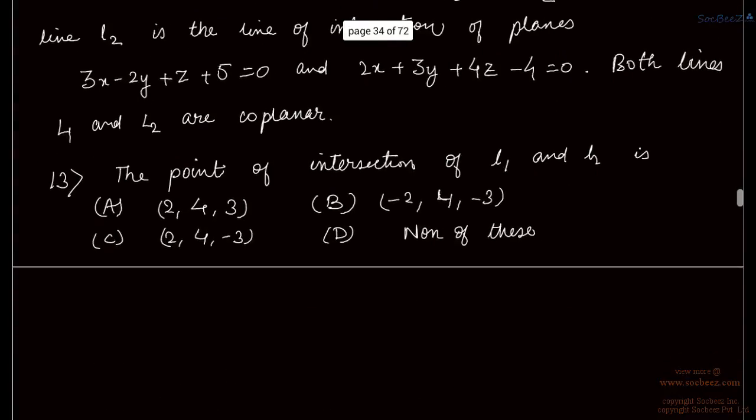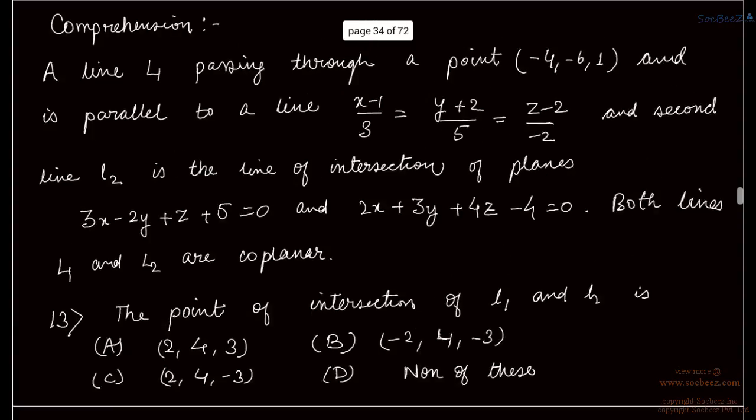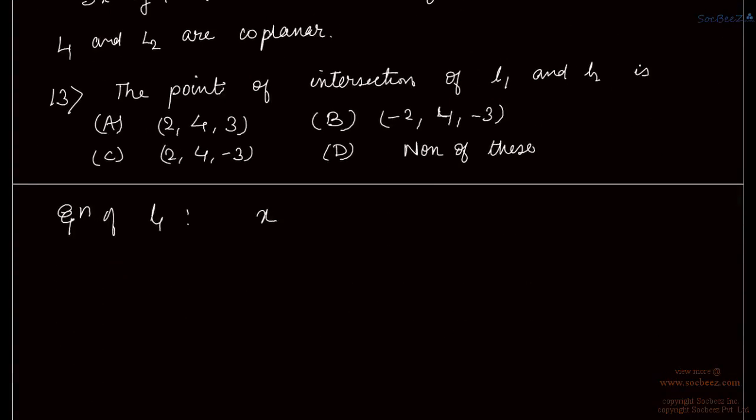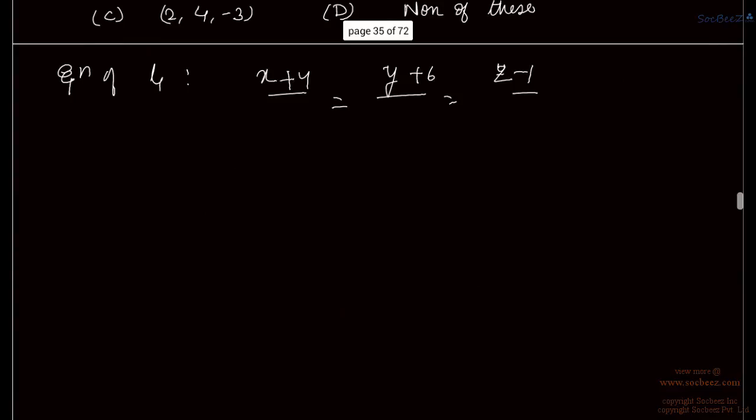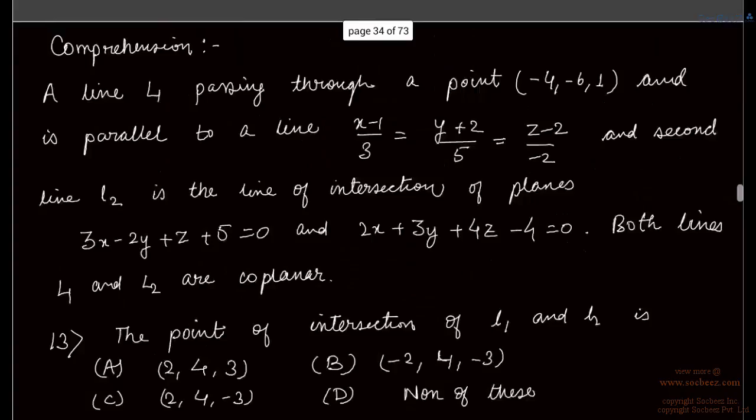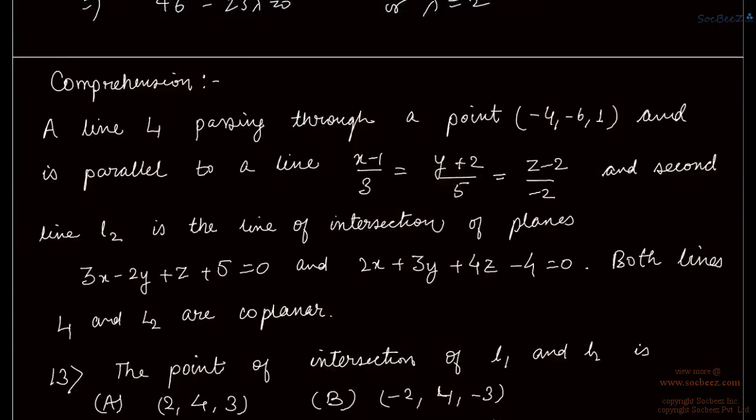So the equation of L1: we have the point (−4, −6, 1), so (x + 4), (y + 6), (z − 1), and the direction ratios are 3, 5, −2. So (x + 4)/3 = (y + 6)/5 = (z − 1)/(−2) is the line L1.